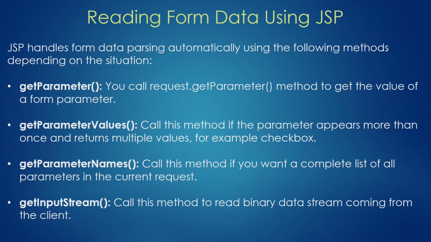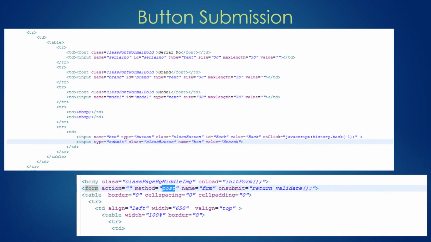Now we will go back to our HTML code and see how our code is working in the JSP page. So as per our HTML code, the input tag uses its type as submit. The button's name is btn. We have kept the form action as blank and its method type as post.